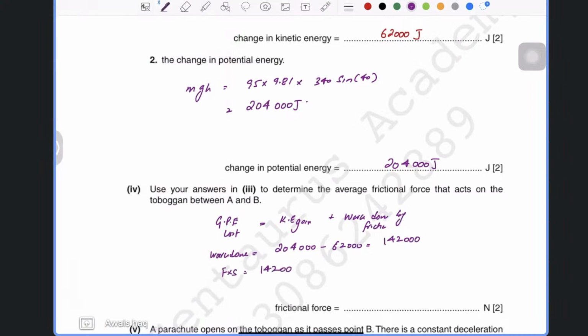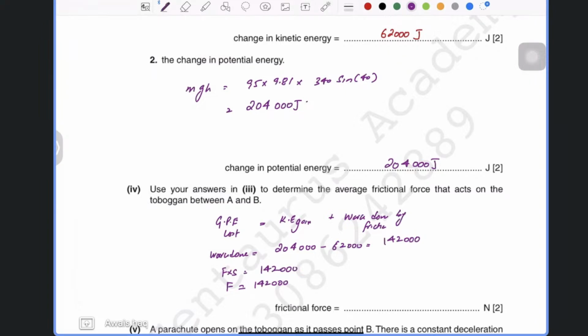Now the tricky part in this one is that we want to find the force, so we've got to divide by the displacement. I'm going to ask you, should I divide it by 340 sine 40 or just 340? Who's going to tell me this? 340.